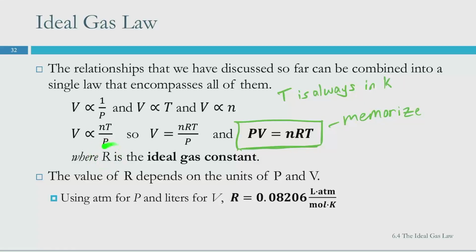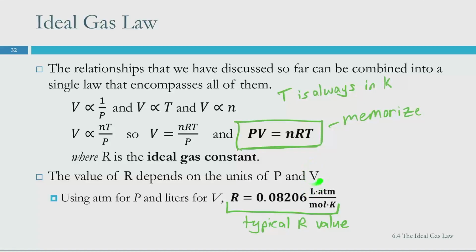And then R is our ideal gas constant. We are often going to be using this R value. However, there are other versions of the ideal gas law constant that have different units. One of the nice things about having R is that it tells you what units everything else needs to be.